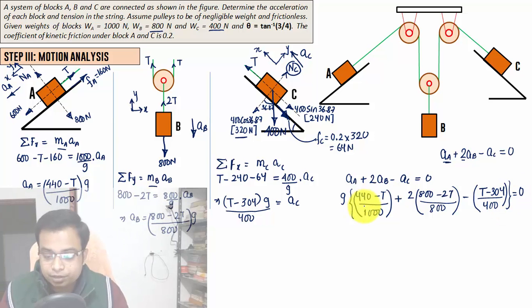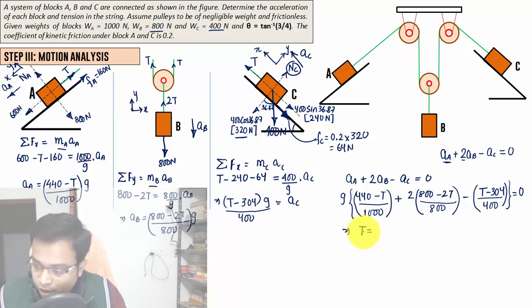Now guys, it's very simple. One equation, one variable. That variable is T. You just need to solve for T, and T will work out as, let me check how much it is, approximately 376.4. And when you put the value of T over here, here and here, you're going to get the individual accelerations of all the three blocks, that is A, B and C. Let me write their values.